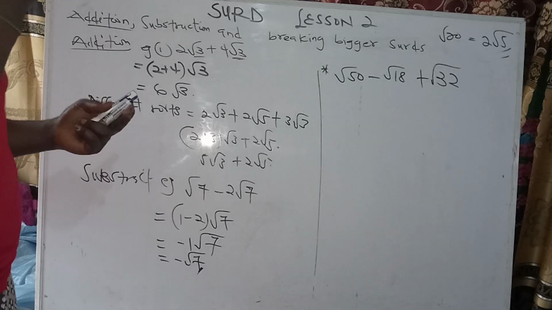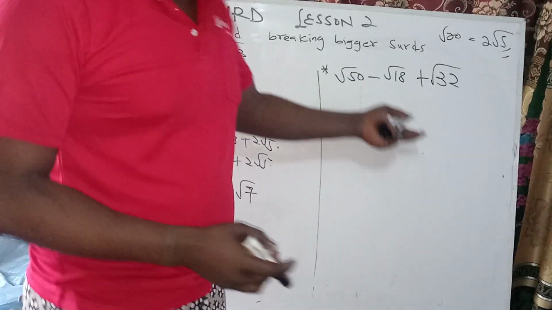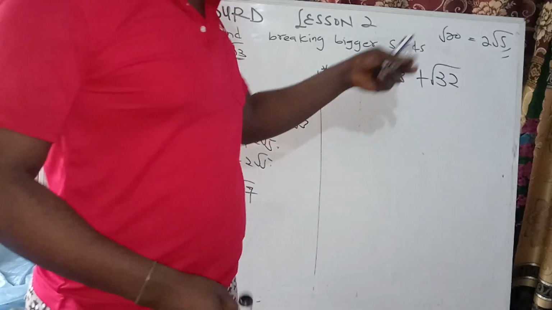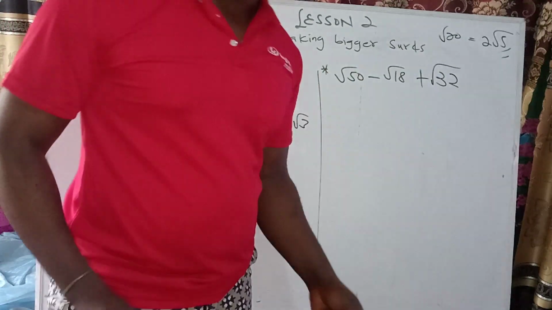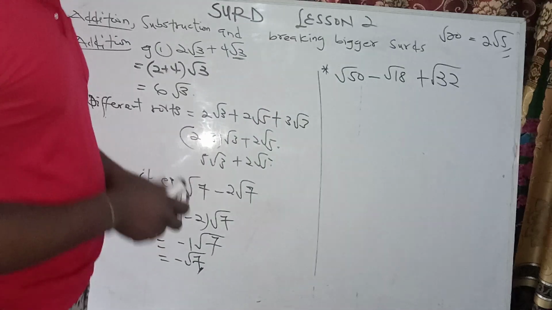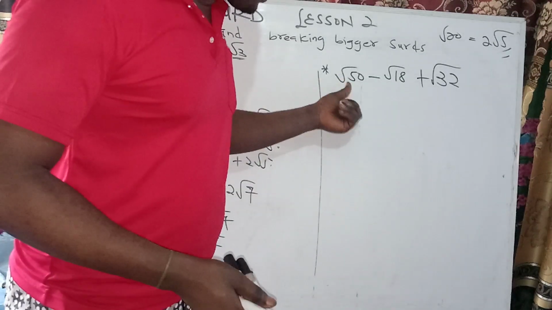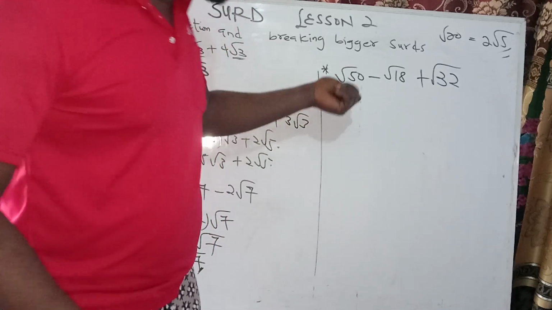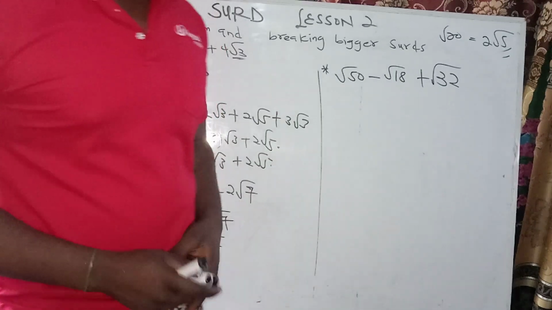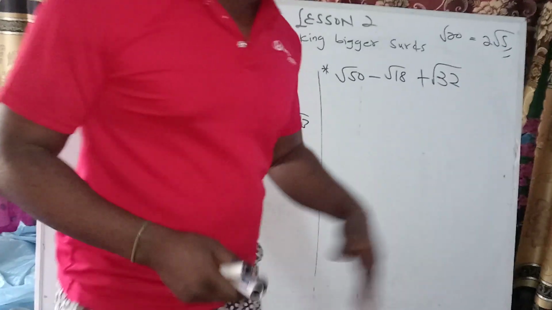So what are we going to do in order to make this smaller? We are going to ask ourselves, what am I actually going to do to this in order to get a perfect square number and a non-perfect square number? That applies to all this.